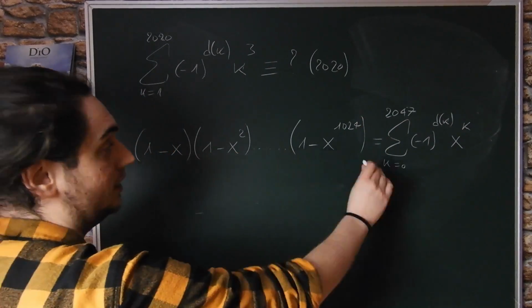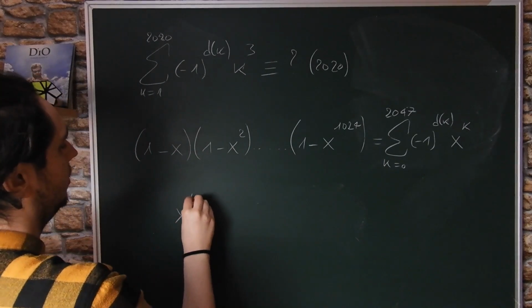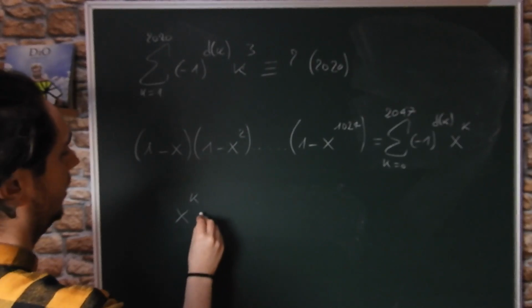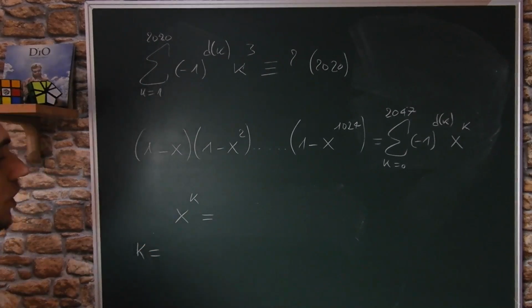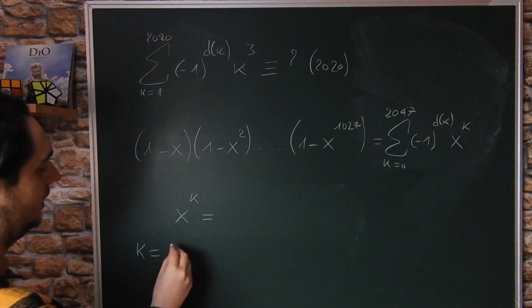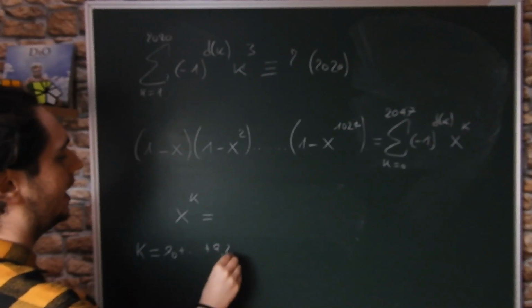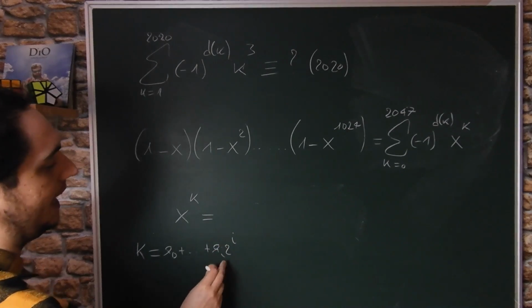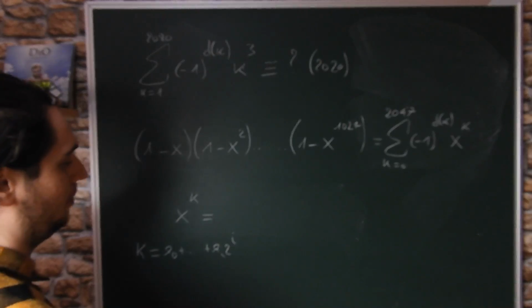Now, why does this equality hold? Well, if we take a particular x^k, let us write k in base 2. So k in base 2, let us write as the sum of a_i times 2^i, for suitable i in this expression.